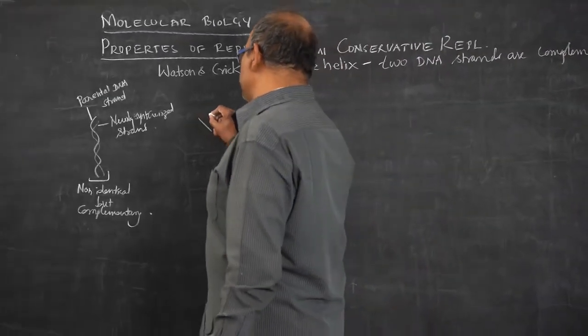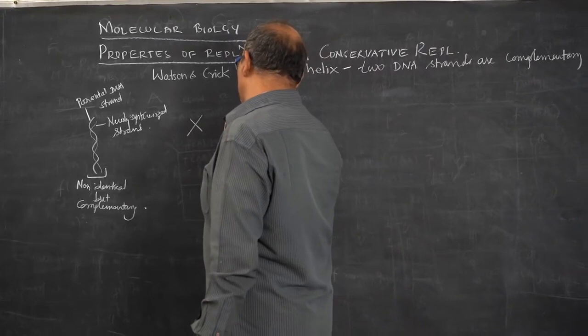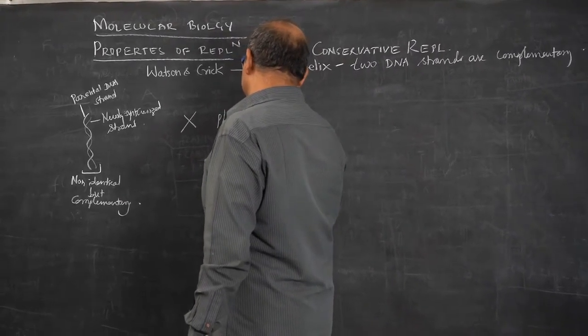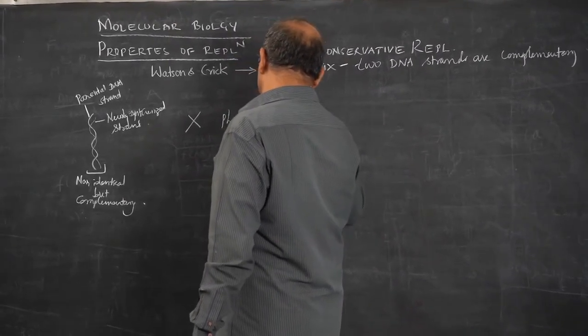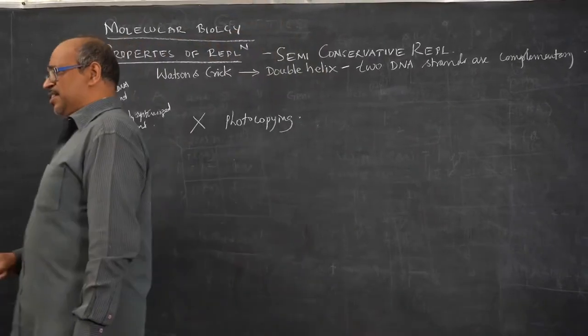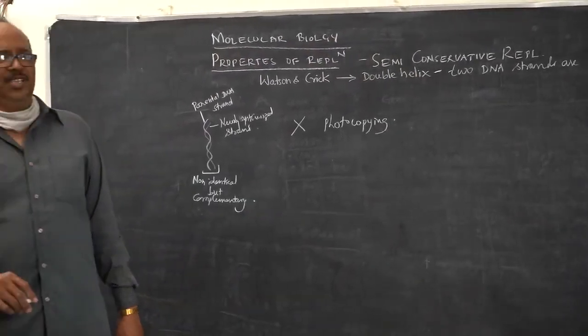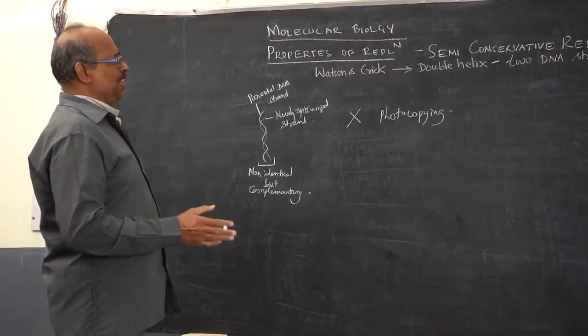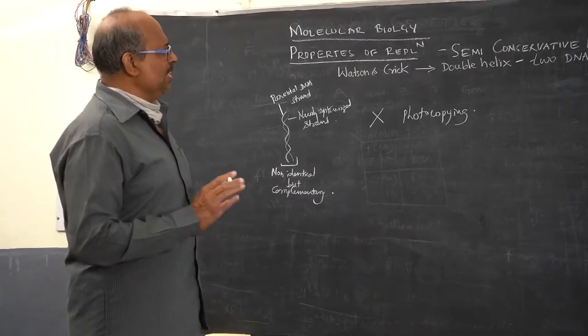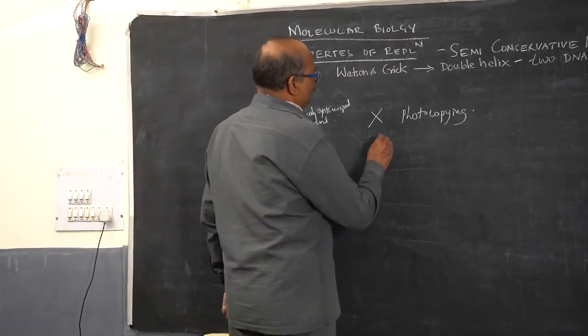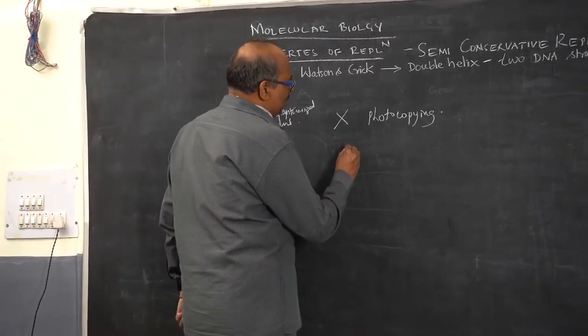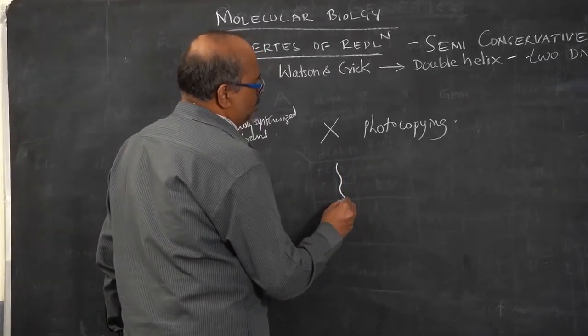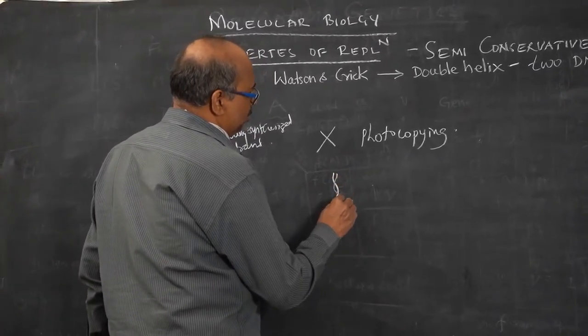Remember, this mechanism is not similar to photocopying. Although we will generally consider this as a class of photocopying process, this is not photocopying, or the trade name Xerox. The reason is, here we have a mixture of new and old strands.